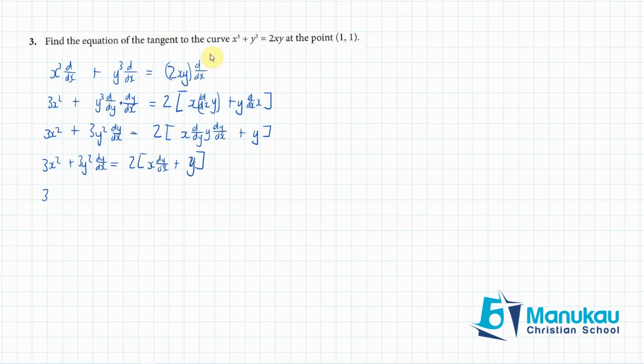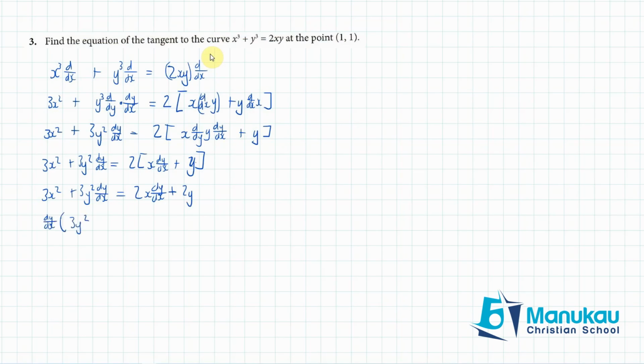Now we're going to expand everything in the next line, so we get this 2x dy/dx plus 2y. Now I'm going to gather all of my dy/dx terms together and all my other terms together. So the way I'm going to do it is I'm going to bring the dy/dx's to the left hand side and then factorize.